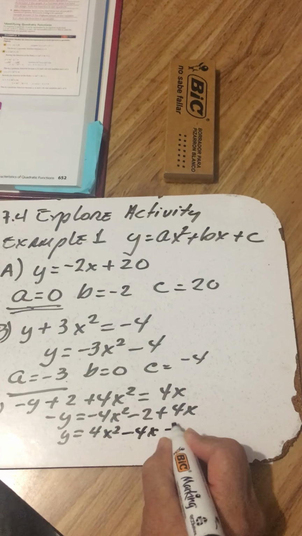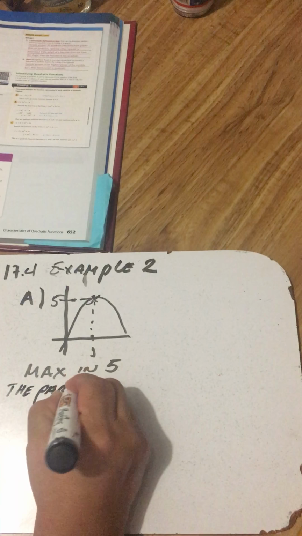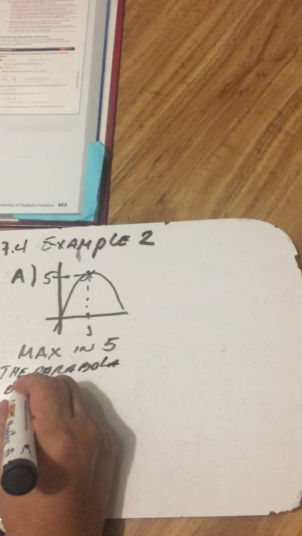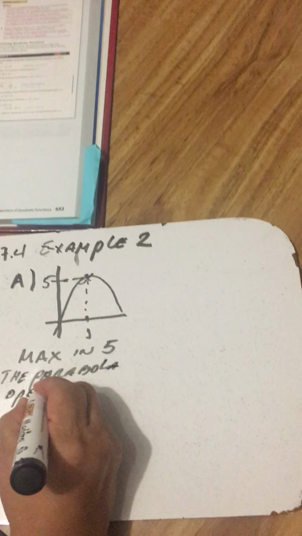Here is 1. Then we have a maximum value of 5. You check. And the parabola opens downward.